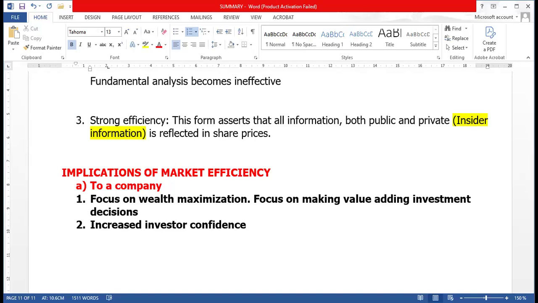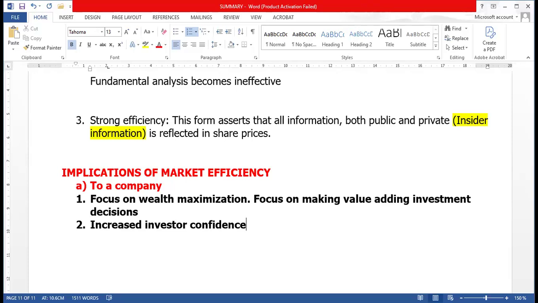Because what you're stating as a company reflects the information that is available to them, they can really trust you, and it will be easier for them to go ahead and invest, and it will help you as a company.